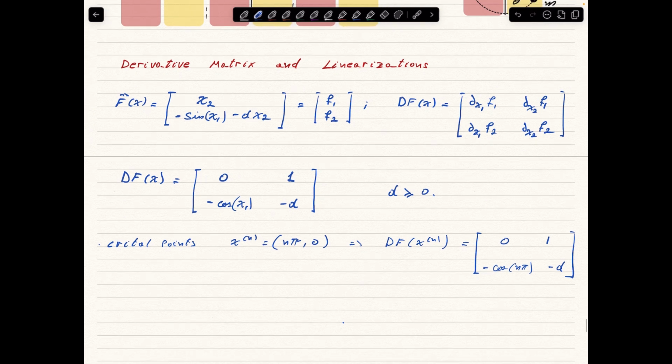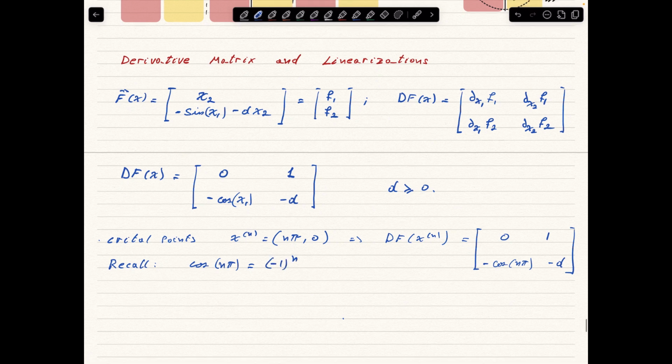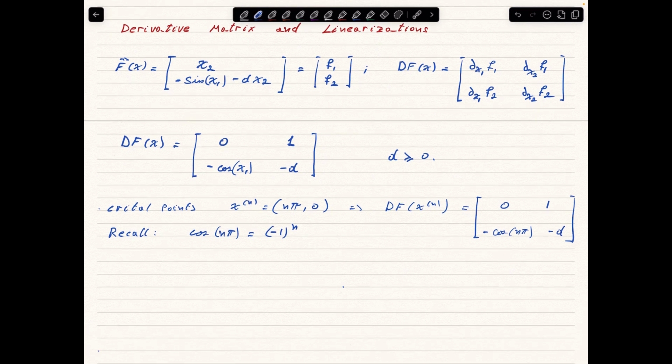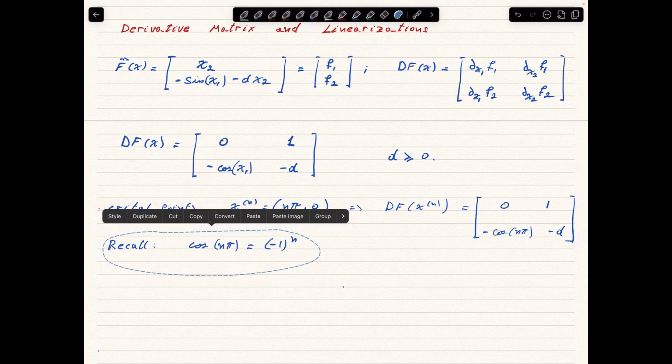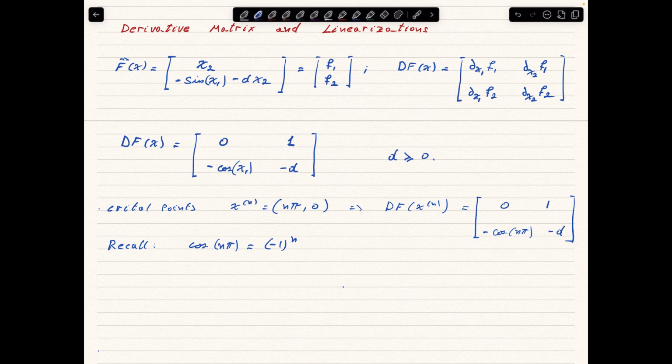And well, let's recall here. What is the cosine of n pi? Well, it's +1, -1, +1, -1, depending on n, so it's negative 1 to the power n, actually. Then, what do we end up with?